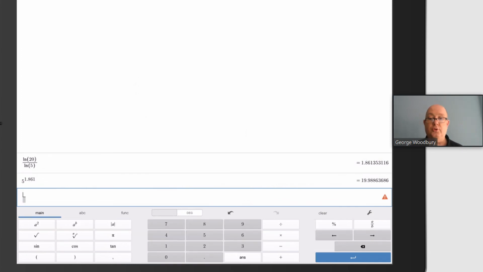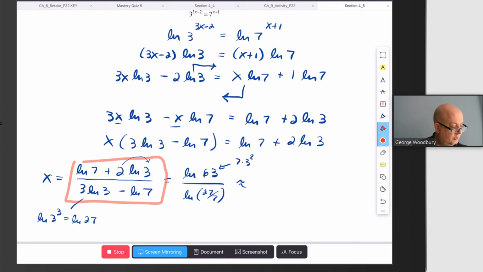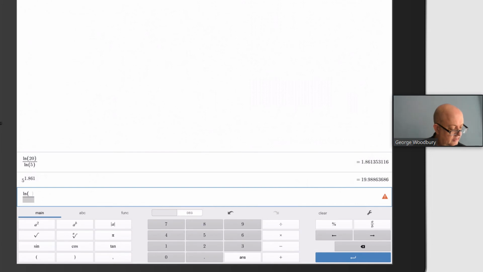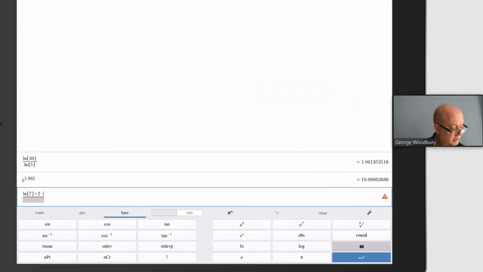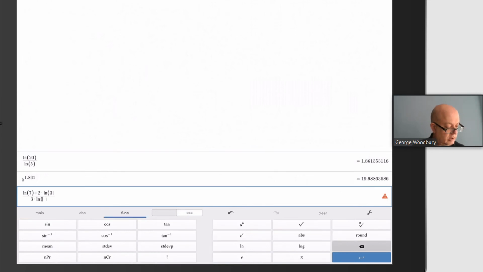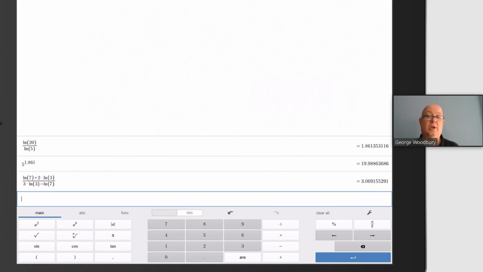I need a fraction, and in the numerator, function natural log of 7, plus 2 times function natural logarithm of 3, divided by 3 times function natural logarithm of 3, tap outside, minus function natural logarithm of 7. And so to 3 decimal places, this is 3.069.